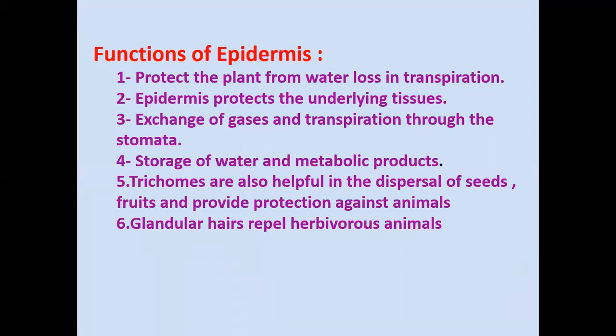Exchange of gases and transpiration through the stomata, storage of water and metabolic products. Trichomes are also helpful in the dispersal of seeds and fruits, and provide protection against animals and insects. Glandular hairs repel herbivorous animals also. So this is about the epidermal tissue systems and their functions.